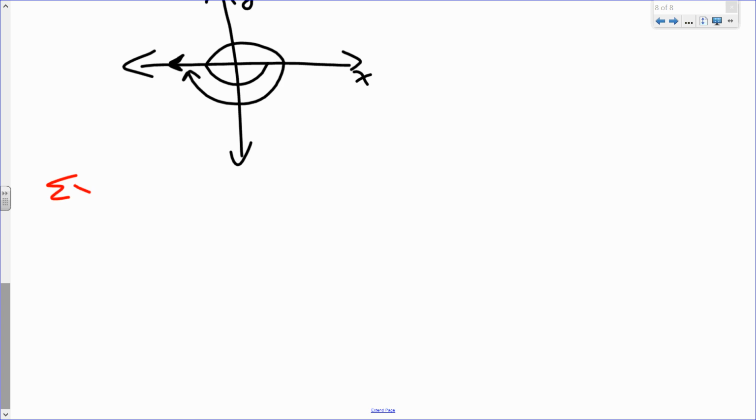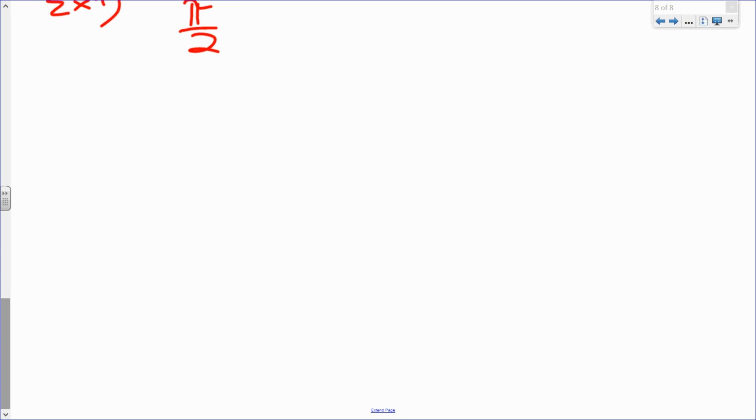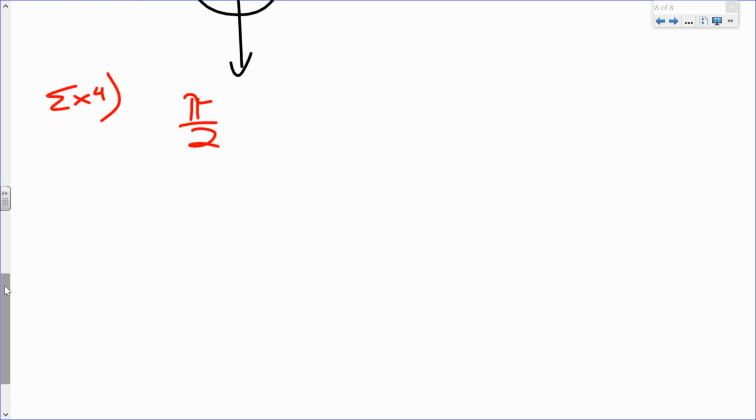Example 4. Pi over 2 radians. Try that one on your own without my help, see if you guys can get that.